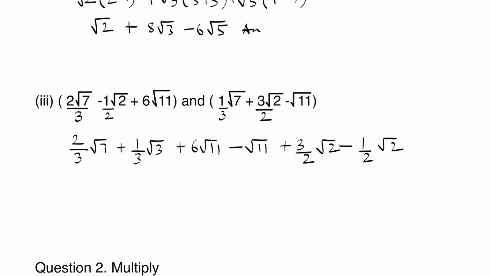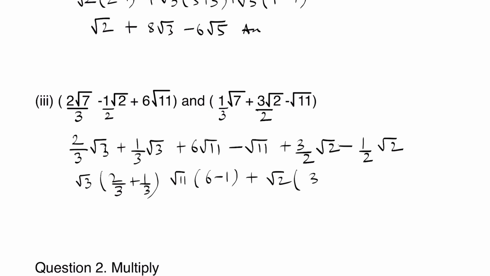Again the common factor is root 7. In the bracket we write 1 upon 3 plus 2 upon 3, and root 11 is common, so 6 minus 1, and root 2 is common, 3 upon 2 minus 1 upon 2.